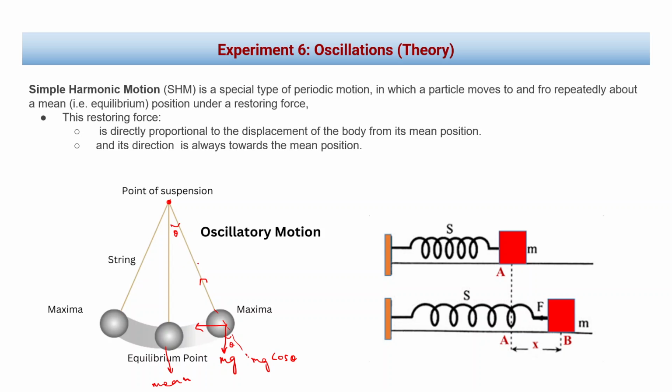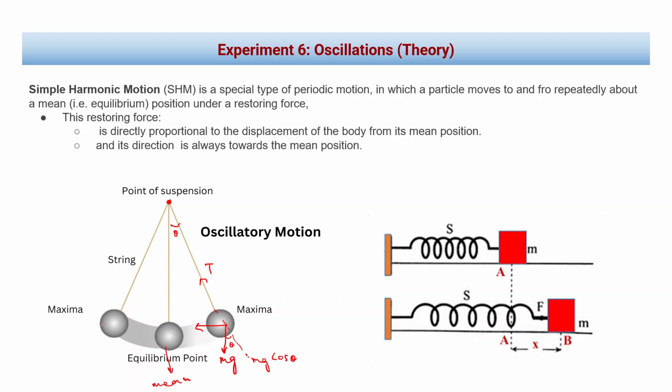So basically these forces balance, and there is a restoring force. The force mg is acting downwards, but its one component is balancing the tension force and the other one will drive it to its equilibrium position. This force, as you can see, its direction is towards the equilibrium point.